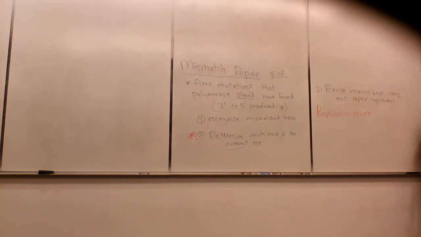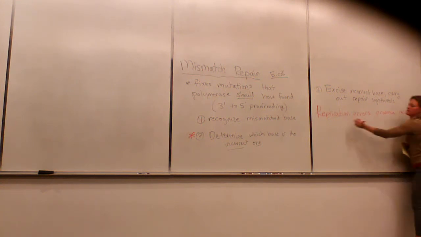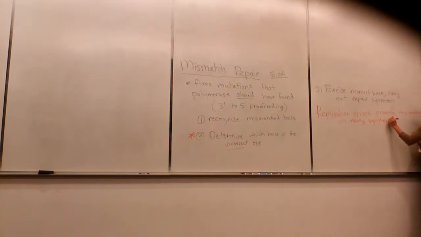They're gonna produce a mismatch on which strand? The new or the template? The new. Yeah. Exactly. So the newly synthesized strand is the one that's going to have a problem on it.